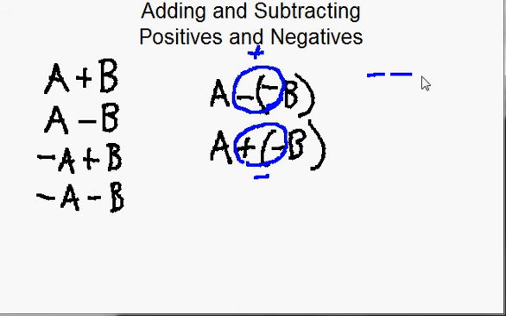So in summary, if you ever have a minus minus, that becomes a plus. And a plus minus, or a minus plus, if they're next to each other, those can become minuses.